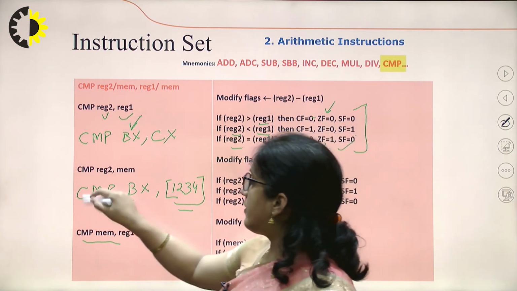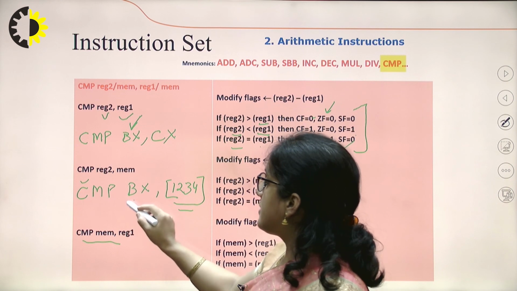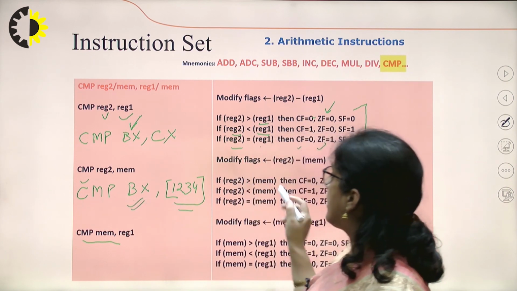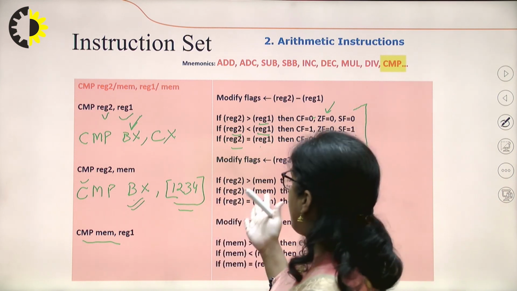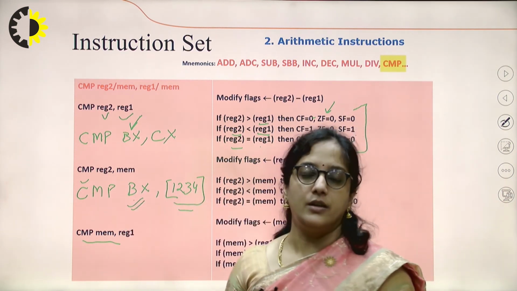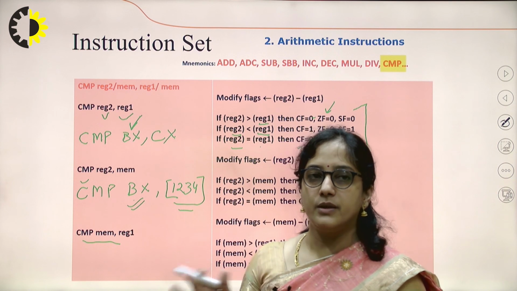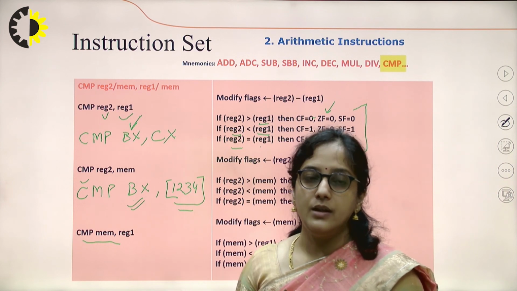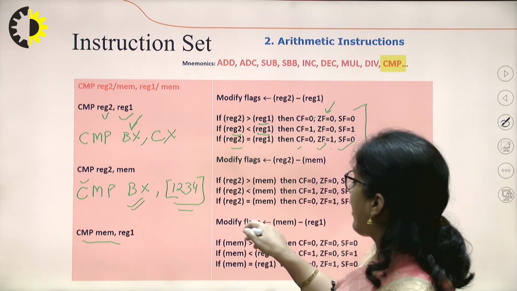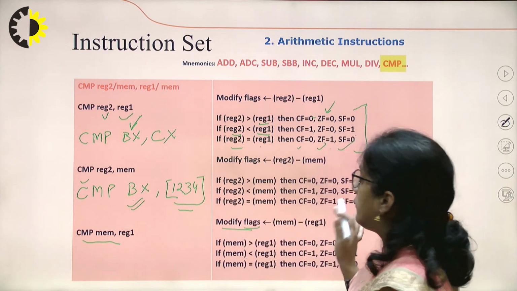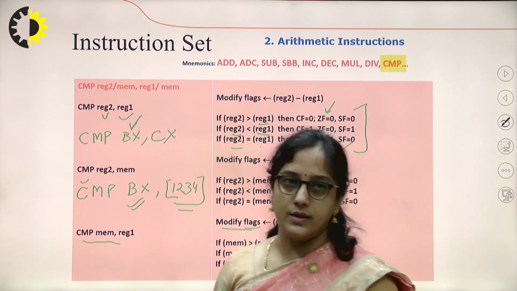In the earlier case, we are considering BX, and the microprocessor is giving the result in favor of the register. So this is the difference between these 3 types of comparison. But in all cases, only the flags get modified. Neither the register content nor the memory content is modified.